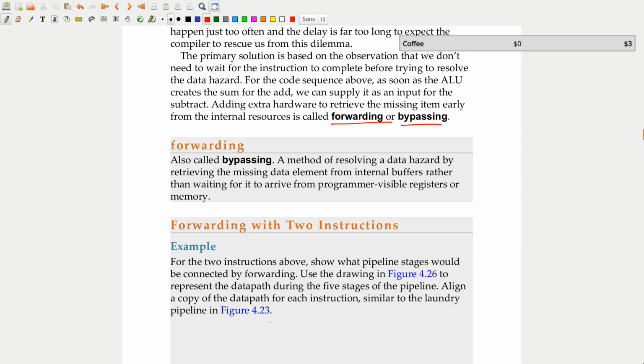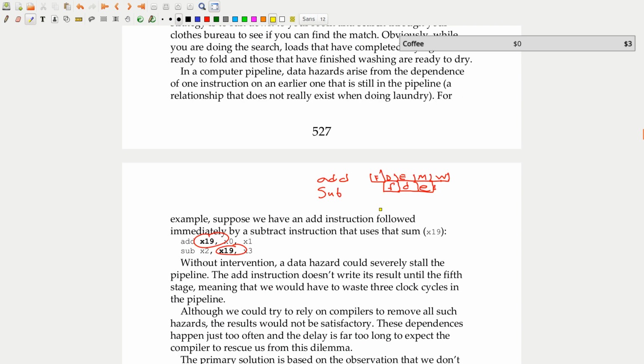So forwarding and bypassing. Forwarding, also called bypassing, is a method of resolving a data hazard by retrieving the missing data element from internal buffers rather than waiting for it to arrive in a programmer visible register.